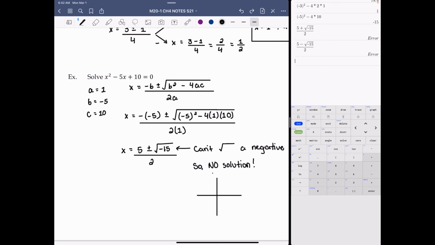So the parabola might look something like this, with the y-intercept at 10, and notice that we do not touch or cross the x-axis, so there are no x-intercepts, which means there's no solution, because the solutions to the quadratic equation are the x-intercepts of that quadratic function. If there are no x-intercepts, then there are no solutions. Notice we end up with no solution when the value under the square root is negative.